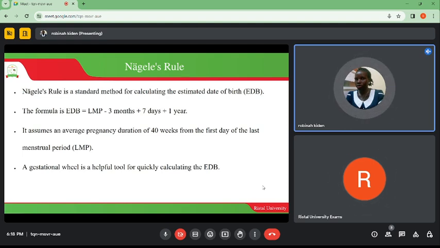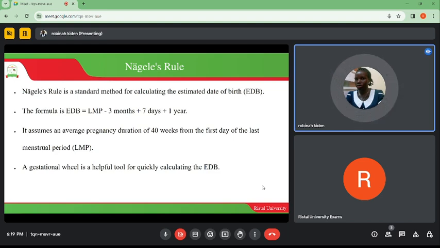So it assumes an average pregnancy duration of 40 weeks from the first day of the last menstrual period. So we are looking for the first day of the last normal menstrual period.